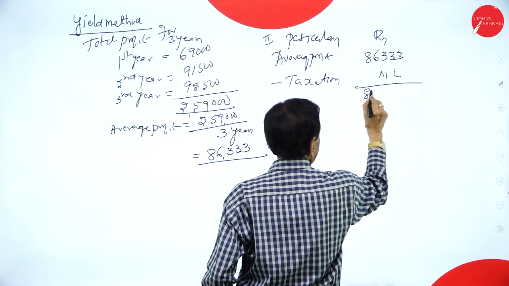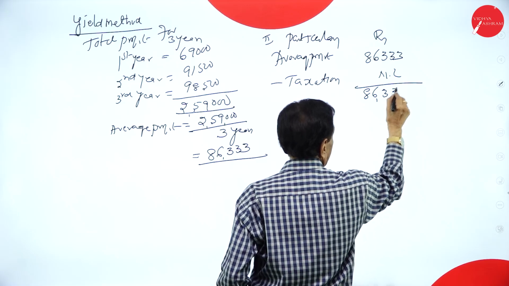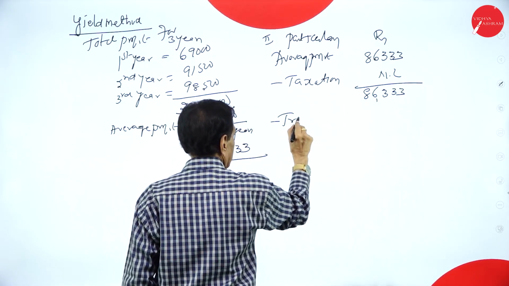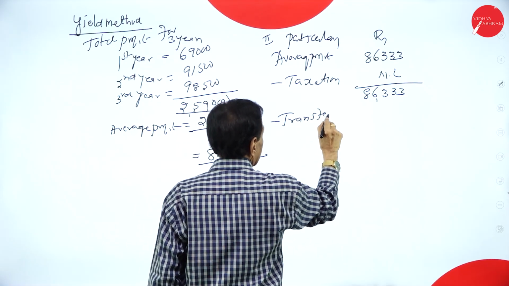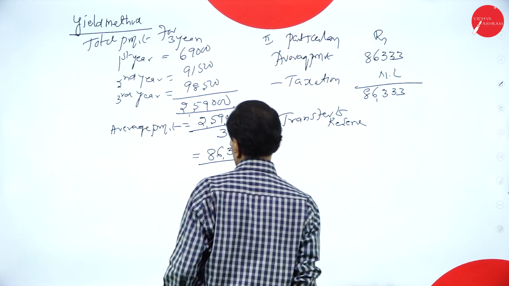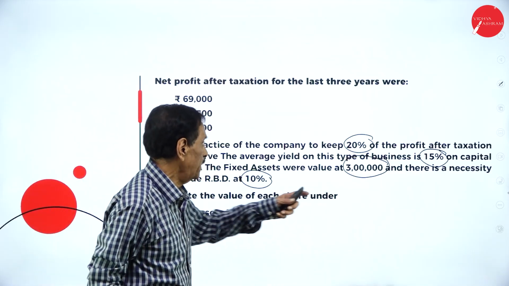Once again, 86,333 minus transfer to reserve. What's the percentage? Here, profit after tax.